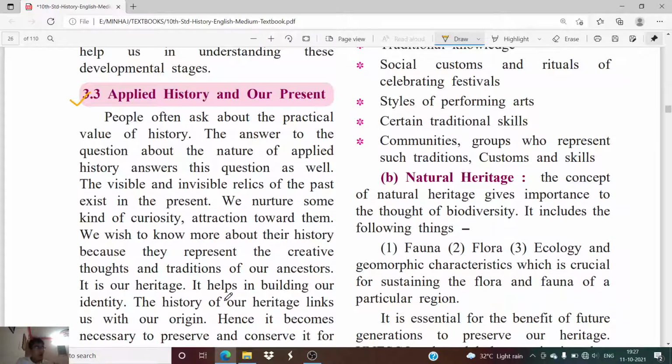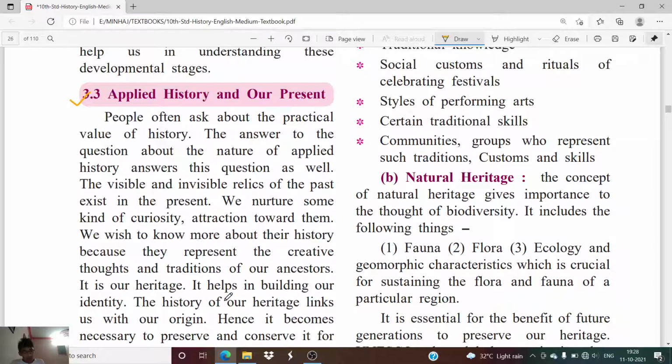We have lots of monuments, palaces, and forts, and all these historical monuments and buildings are very important to us because they give us knowledge about the ancient tradition, the ancient time, and the ancient dynasties.